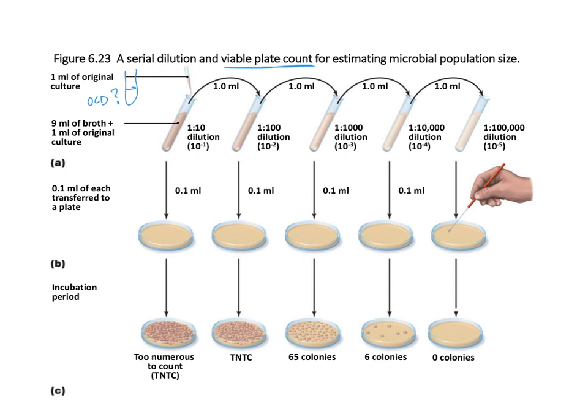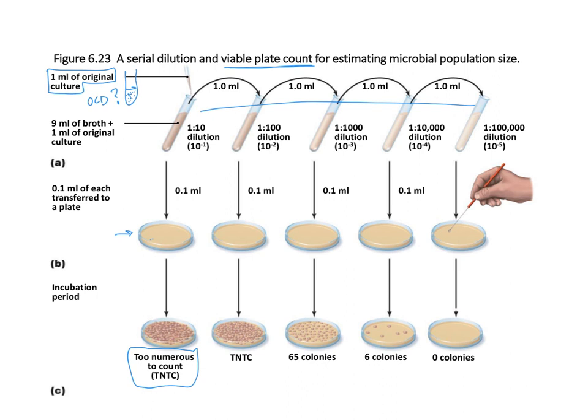So you take an aliquot, a mil of that original culture. And typically we make serial dilutions here, because if we were to just put this culture right on an agar plate, we would almost always get way too many, assuming that this is a very concentrated culture.